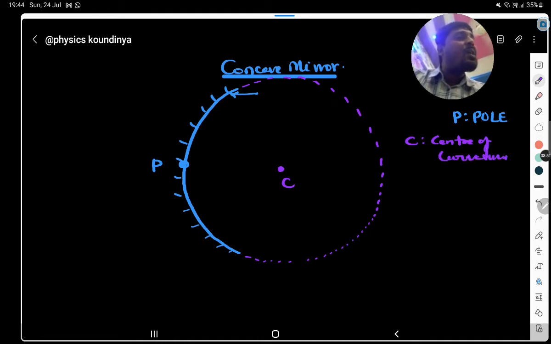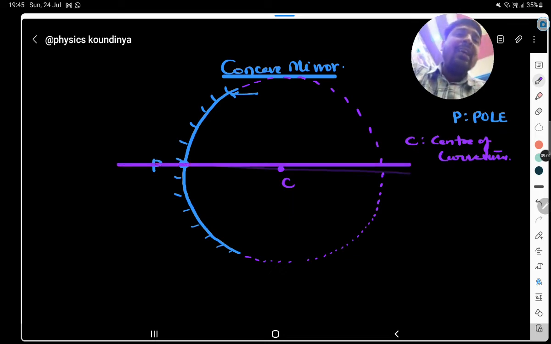So this is the center of the sphere from which this part has been taken. Now if you are going to join P and C, this is an imaginary line which is going to join P and C. This line is called as principal axis. So what is principal axis? The imaginary line which is going to join P and C is called as principal axis.